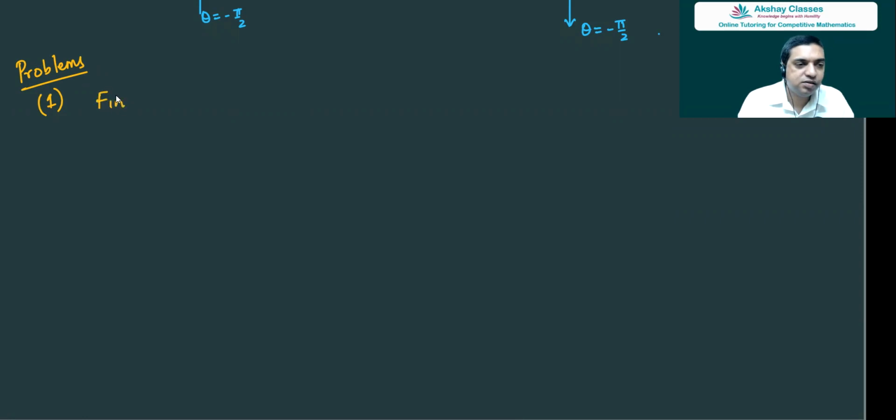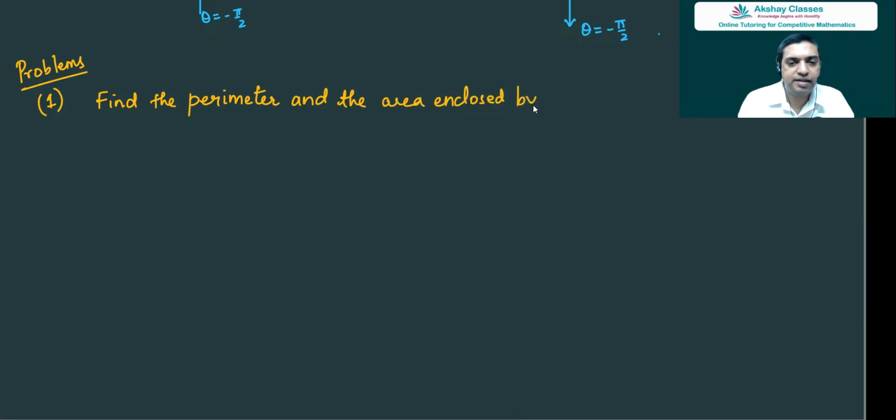Find the perimeter and the area enclosed by the curve R is equal to 2A cos theta.